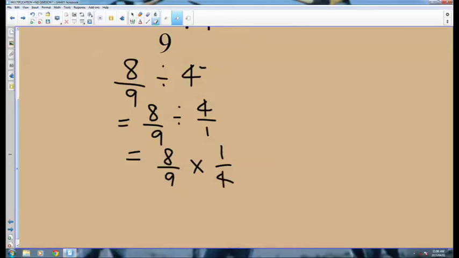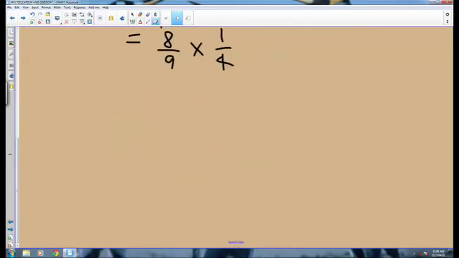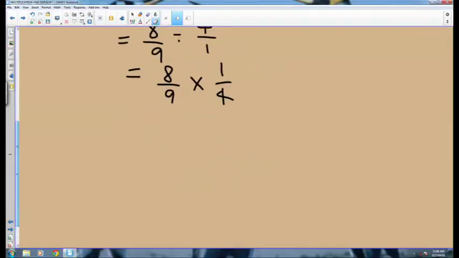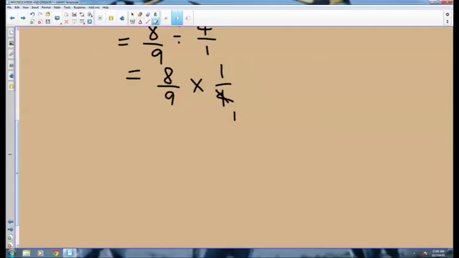This simplifies to, we look for the highest common factor which can cancel the numerator and denominator. We got a 4 here. 4 into 4 once, 4 into 8 is 2.